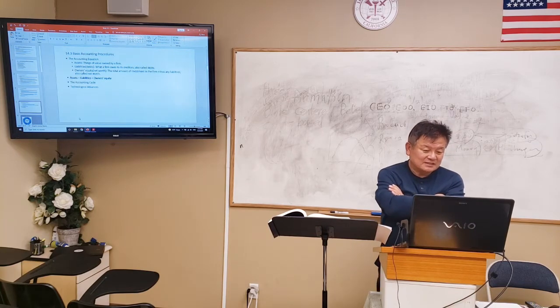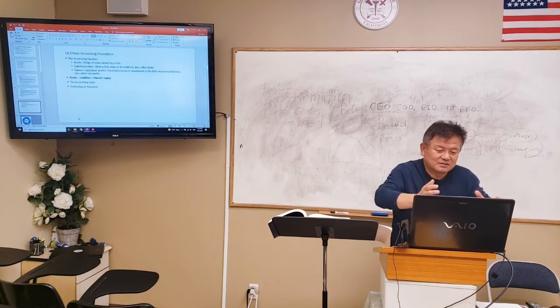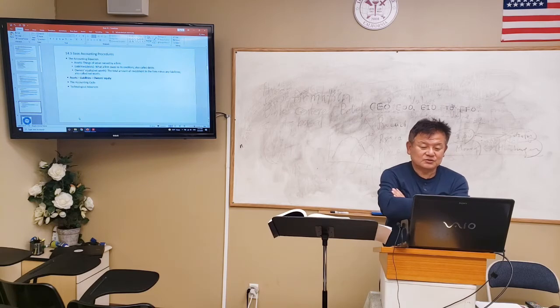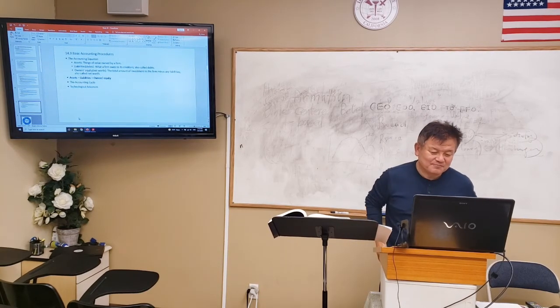What's the meaning of the asset? Asset is things of value owned by the firm. You own something, this is asset. And liability means debts, what a firm owes to its creditors, also called debit. So what is your debt? This is a liability.